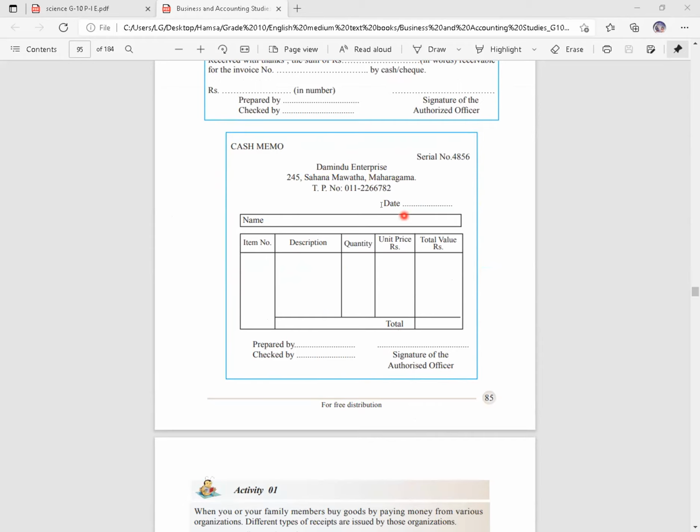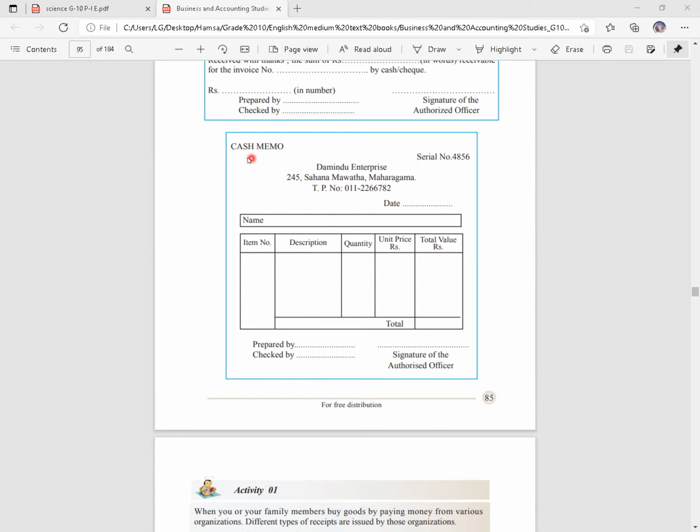Address of the business, date, serial number, name of the person to whom you are supplying the goods, item number, description. If I am coming to buy from you, you will write my name here. The description of the goods, quantities, unit price, total value, everything will be mentioned here. This is a cash memo.